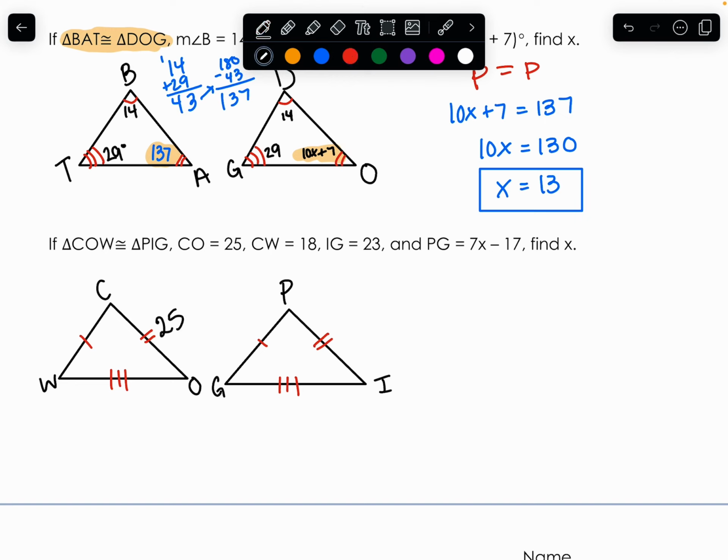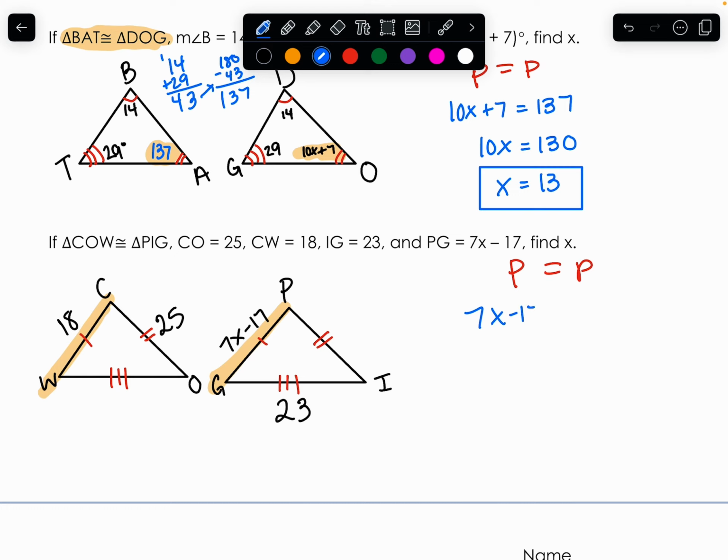And PG corresponds to CW. Is 35 divided by 7, and we get the answer of 5.